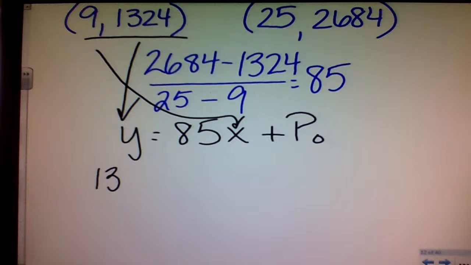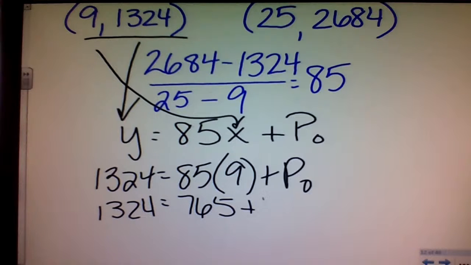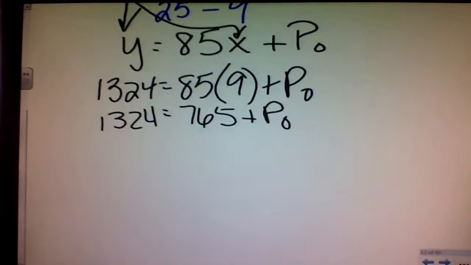So 1324 equals 85 times 9 plus P sub 0. So then I have to take 85 and multiply it by 9. We get 765. And then to get P sub 0 by itself, we subtract off 765.